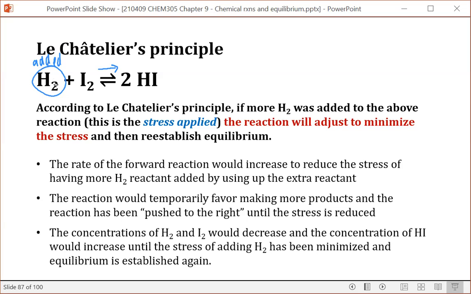So H2 and I2 are being consumed more rapidly in the chemical reaction, and their concentrations are going to go down. And the concentration of HI is going to go up until the stress has been minimized, until the added H2 has been used up or reduced, and the system reestablishes equilibrium where the rate of the forward reaction and the rate of the reverse reaction are once again equal.